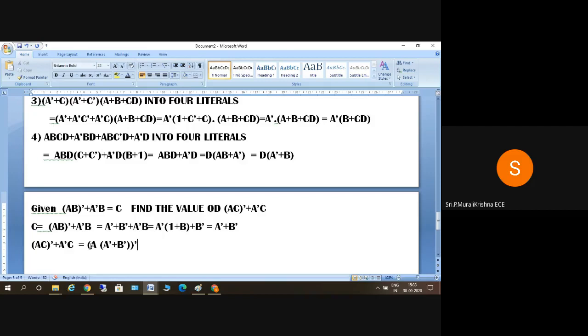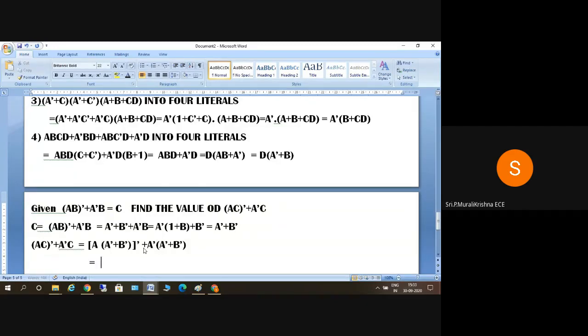Take it like this: the whole bar for the whole of this, plus A bar into (A bar plus B bar).